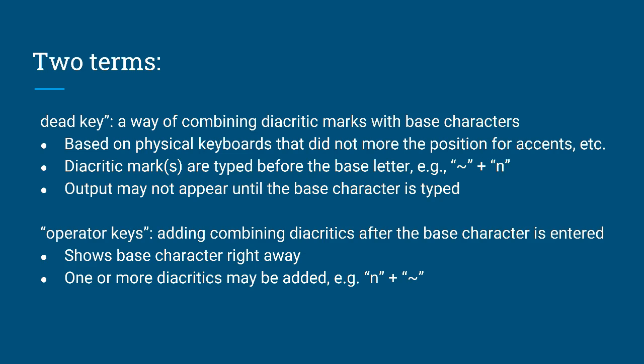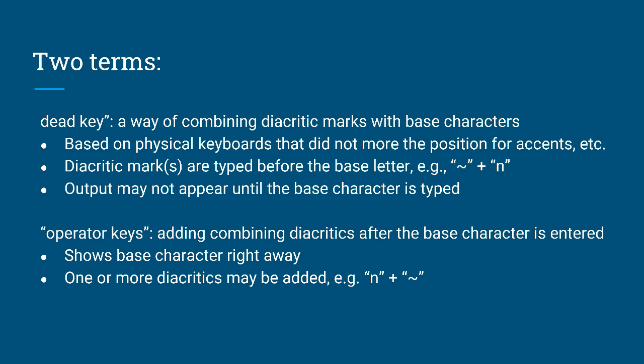This is when a person would type, for example, E with an accent on it in French by typing the accent first and then the E. It's called a dead key because on a physical keyboard for French, typing an accent character would put that accent character on the paper, but then not move the physical placement for the next character. And so the next character, like an E, would be typed under that accent mark.